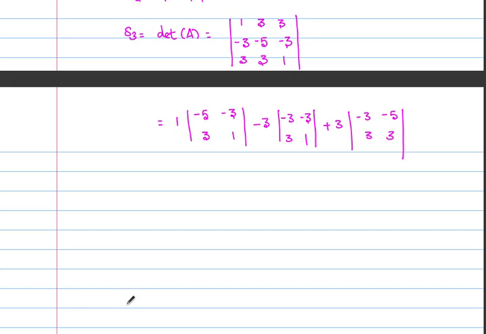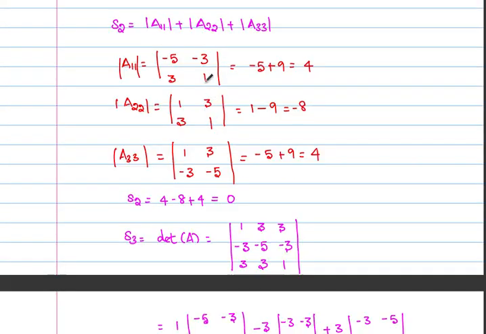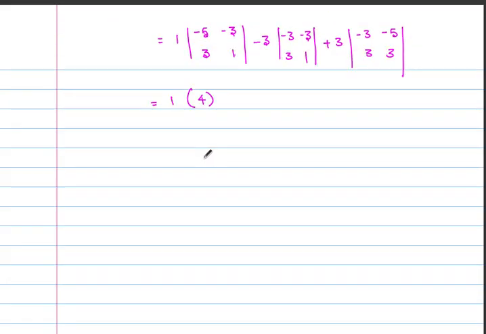So you will get the determinant value now. 1 times minus 5 plus 9, the value is 4, so you get 1 times 4. We already calculated this from the same matrix earlier. Here we only need to calculate the rest.